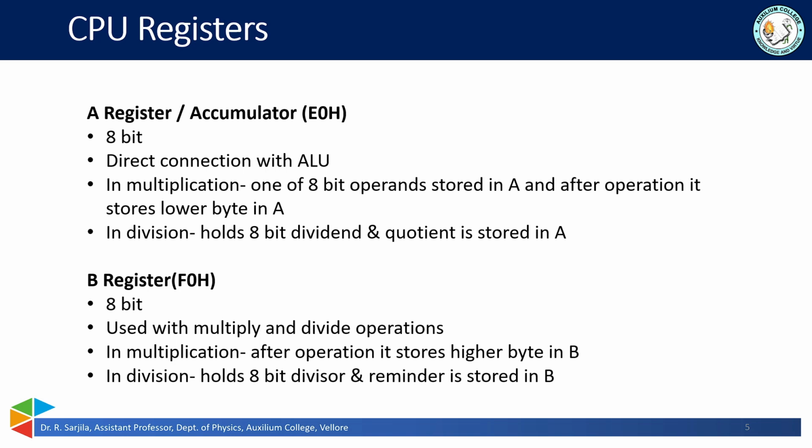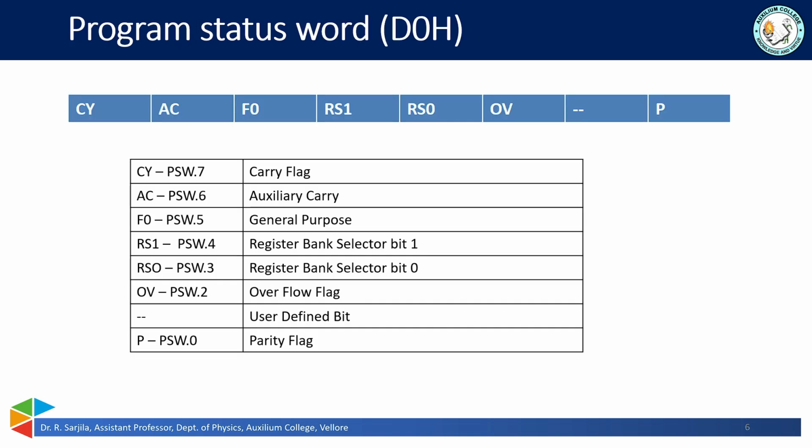B register. This register is used to store one of the operands for multiply and divide instructions. In other instructions, it may just be used as a scratch pad. This register is considered as a special function register. Program status word, PSW.